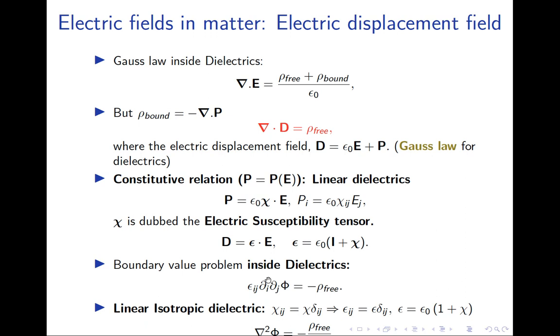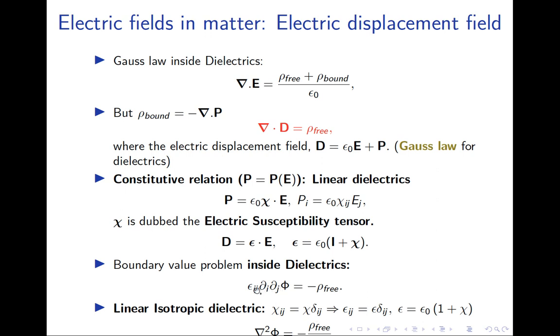However, we will deal with a simpler situation in which chi will be proportional to delta ij, right? So delta ij meaning all directions are identical, x1, x2, x3, the three directions are identical. So chi ij is proportional to some number times delta ij. That would mean that epsilon will also be proportional to delta ij, because this is delta ij and now chi is also being made into delta ij. So these two terms are proportional to delta ij, so it will be some number times delta ij. In fact, in this case, the constants epsilon and chi will be related by this, which you probably have read already in high school.